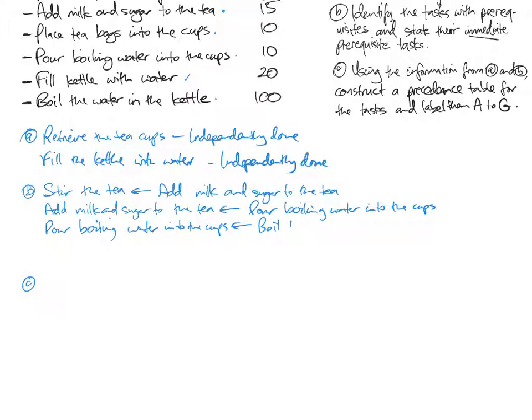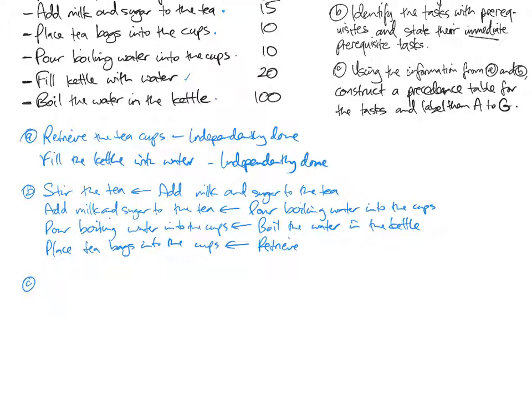I have to have some boiling water in the first place to put boiling water in the cups. I missed one, which was place tea bags into the cups. What would I have to have done before that? I would have had to get the cups in the first place.